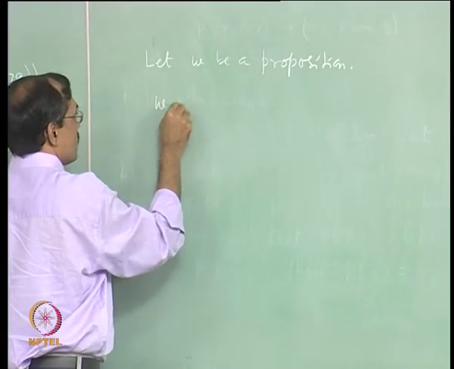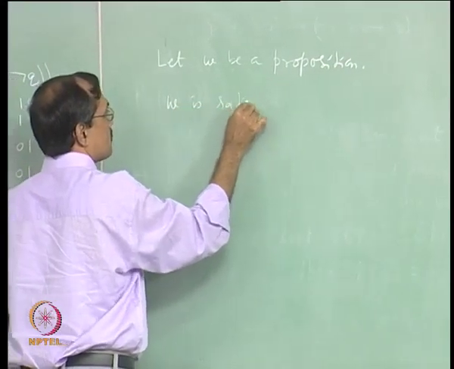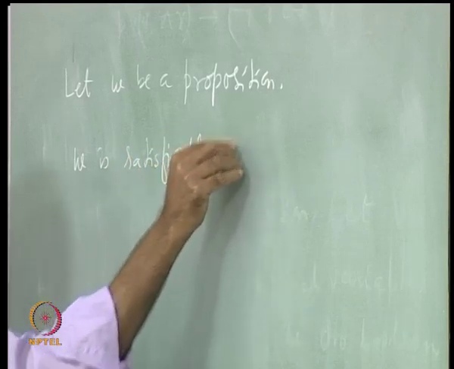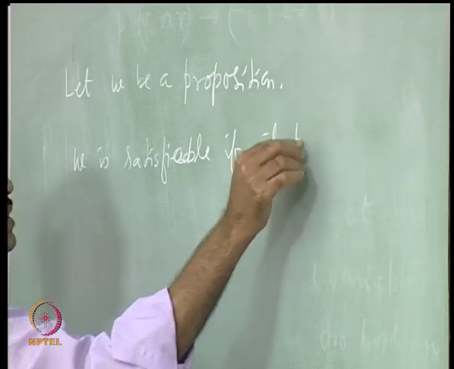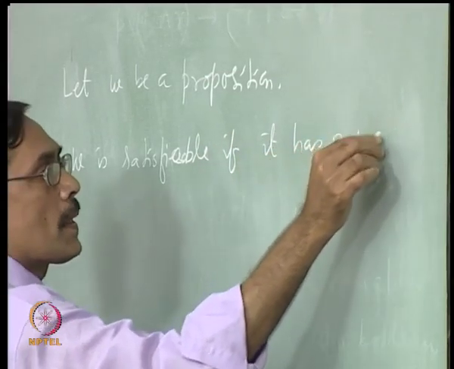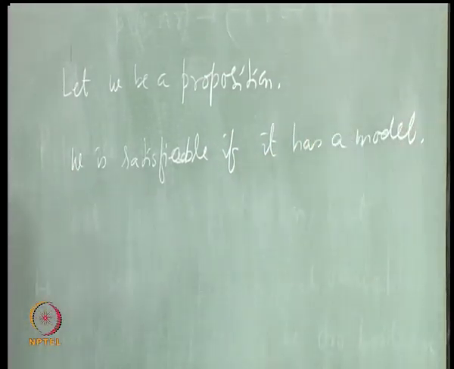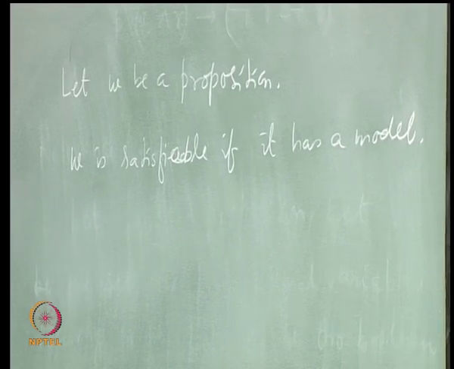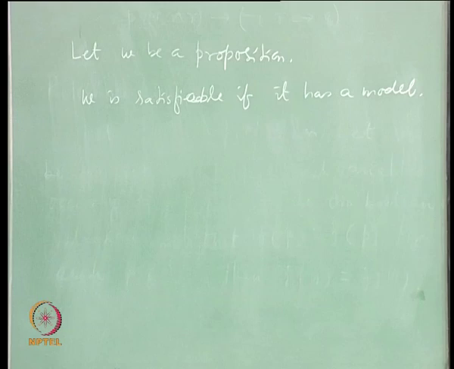So we just give definitions which arise from this consideration. We say that W is satisfiable if it has a model, which means there exists an interpretation which evaluates W to 1, fine. Now you are using high level languages, so instead of saying I of W equals 1, just say it has a model.